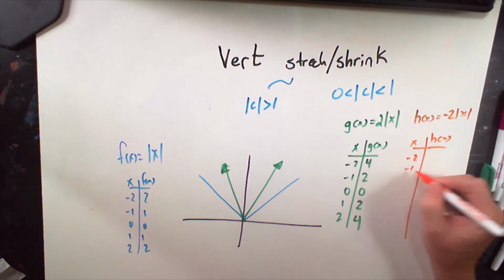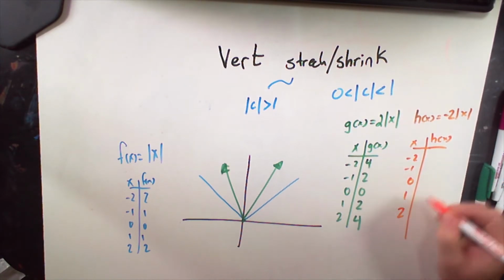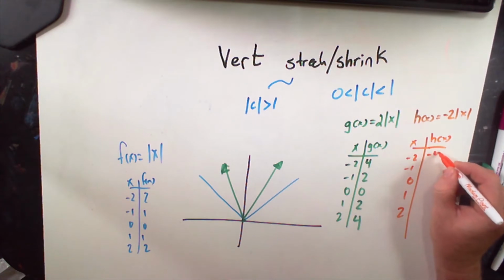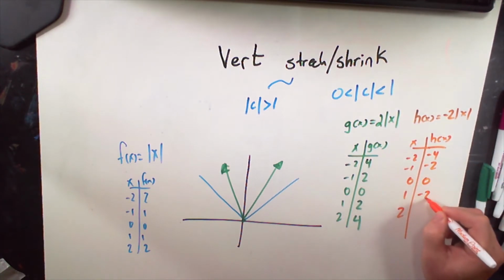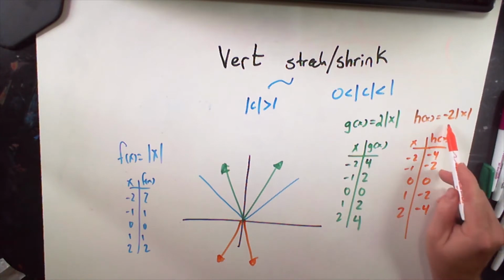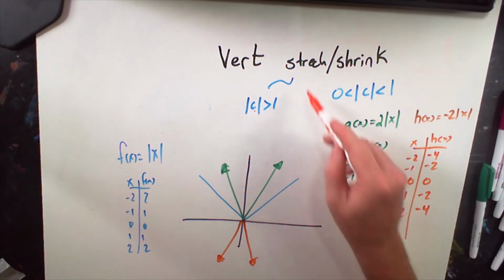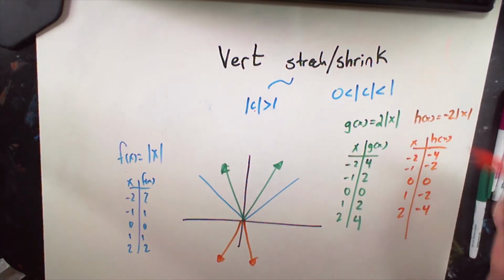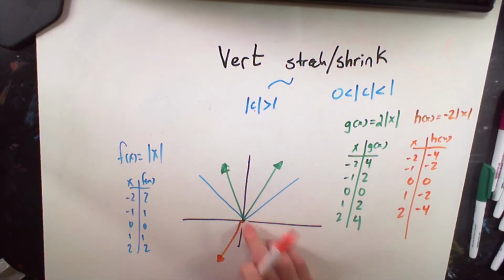So negative 2, negative 1, 0, 1, 2 is now going to be negative 4, negative 2, 0, negative 2, negative 4. And so it's still going to have that same stretch factor, right? Because the absolute value of negative 2 is 2, so it's still a stretch, but it's also a stretch and a flip. Those are just two separate transformations.